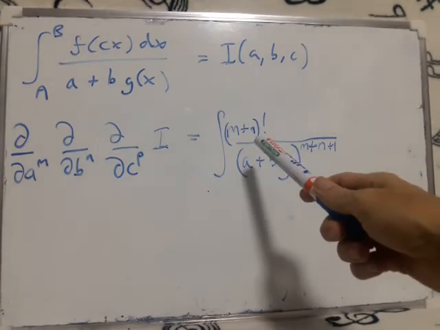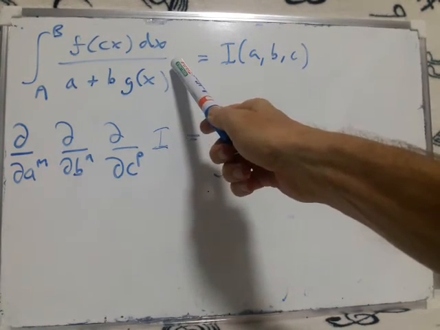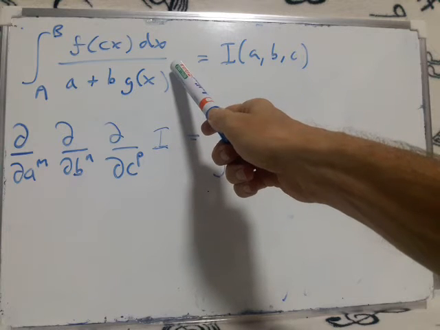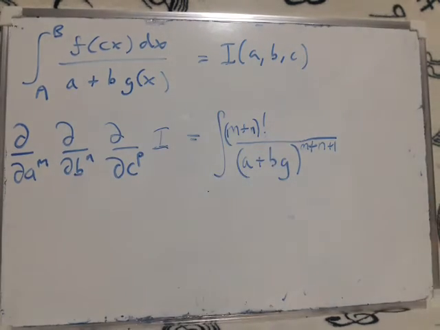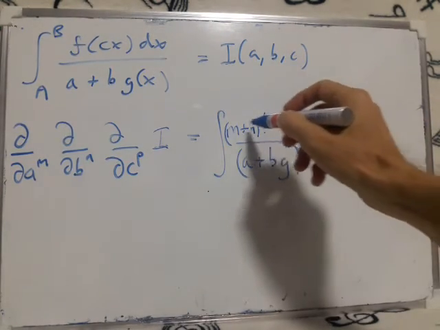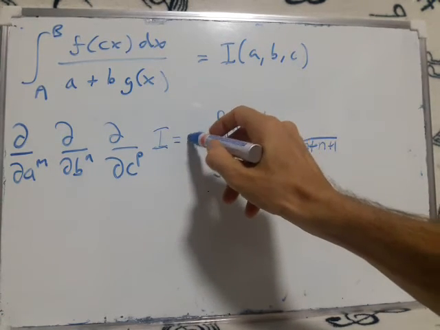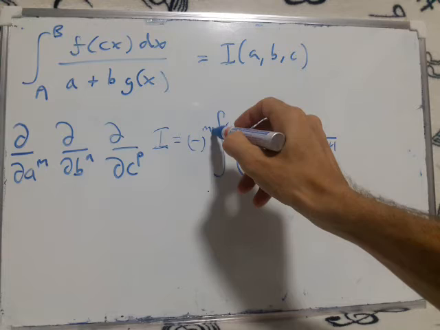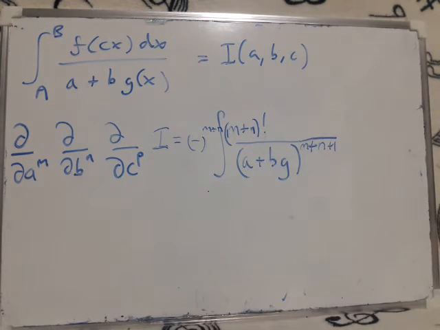Every time we differentiate, we also get a minus sign because it's the power of a negative number. So the number of minus signs multiplied together is m plus n. We can write that simply as minus one to the power m plus n, putting this out front. And what's the result of the differentiation?